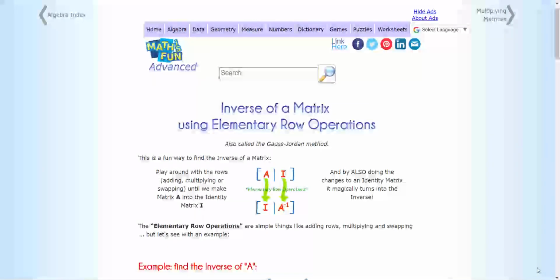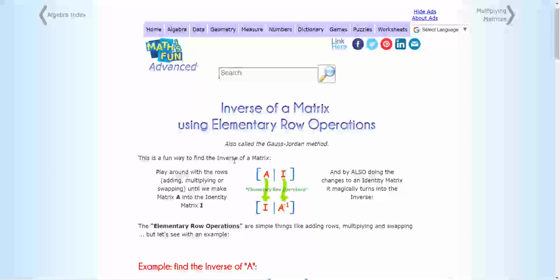Hello everyone. In the last video we've seen how to use the inverse of a matrix to solve problems, and how to use the identity matrix with Gaussian elimination to obtain the inverse of a matrix. We also saw a couple of examples.